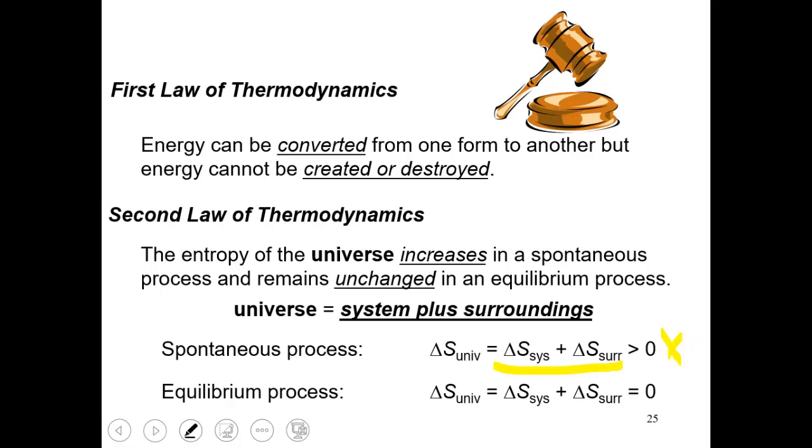Well, what that means is that the process is not spontaneous in the direction that we're writing it, but it would be spontaneous in the reverse direction. So the reverse of a non-spontaneous process should be a spontaneous process, okay?